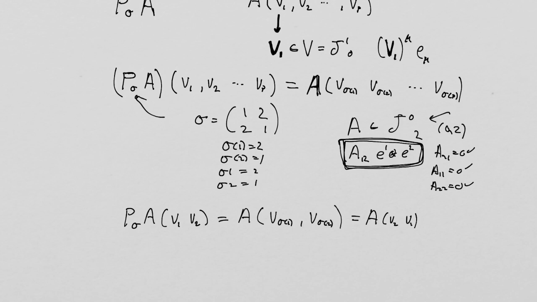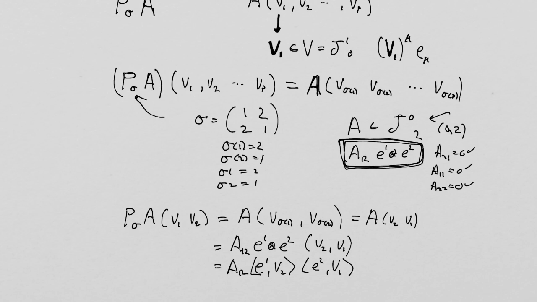Well, what is A? A is A_12 E1 tensor product E2, acting on V2, V1, which is A_12, the component, times E1 mapping V2, and E2 mapping V1.